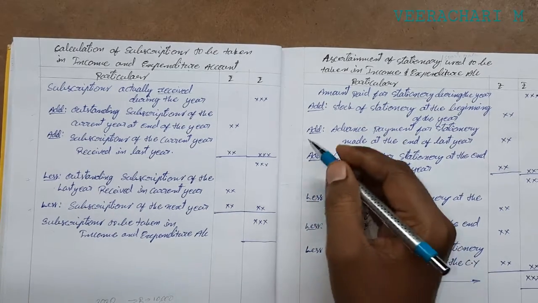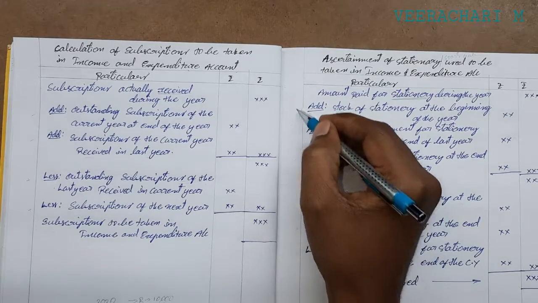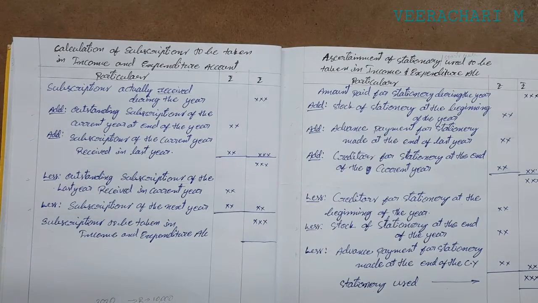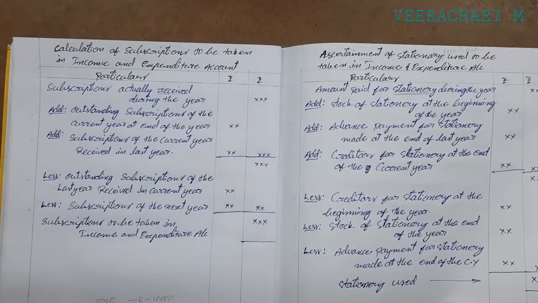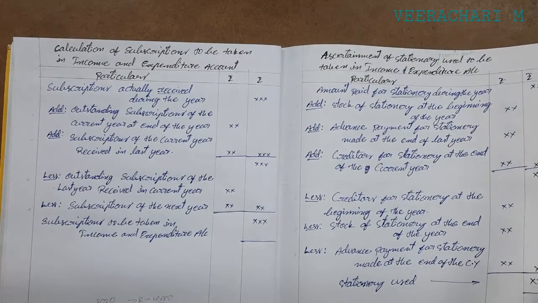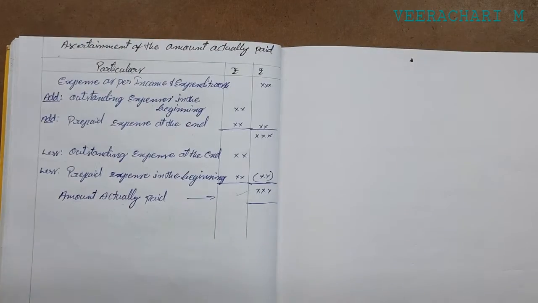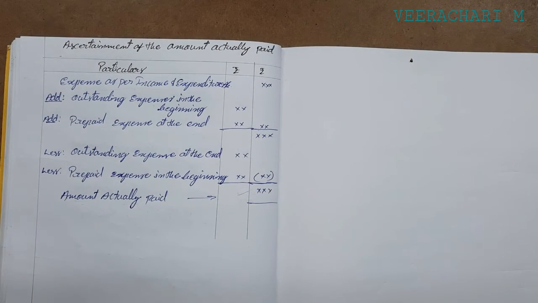Less items become plus, and plus items become negative. That is the only shortcut to remember. Remember these ones, and these are the maximum adjustments in the non-profit organization chapter.